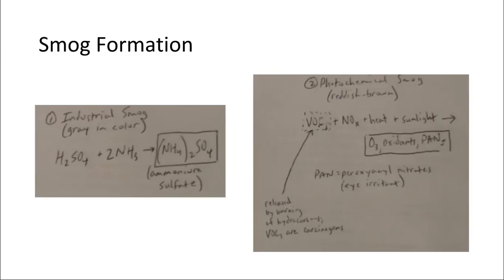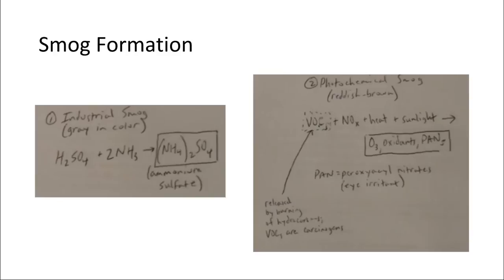Sulfuric acid is not a primary pollutant, but it is a secondary pollutant. When we talk about acid rain, we'll talk about how SO2, sulfur dioxide, combines with water to create sulfuric acid. The sulfuric acid is a component of acid rain.